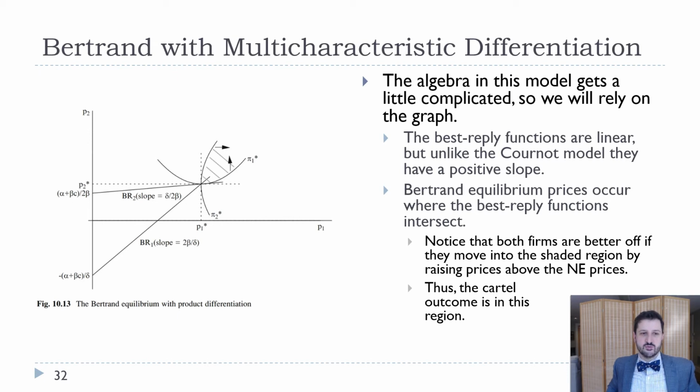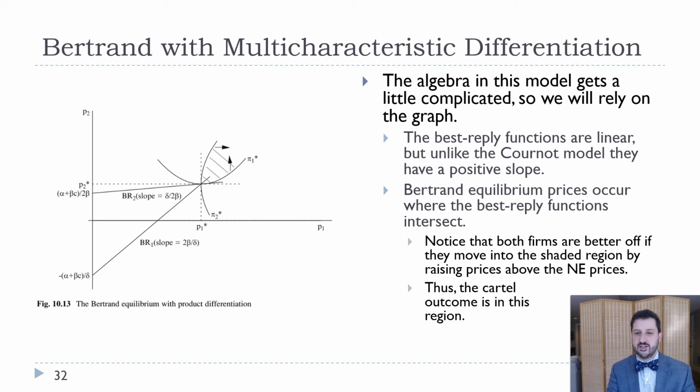Here, the best response functions have a positive slope, meaning that when you increase your price, I increase my price, and vice versa. We get an equilibrium here, P1 star and P2 star, but we can actually increase profits even more if we could collude and agree to set prices even higher.